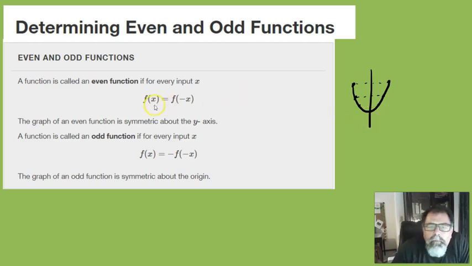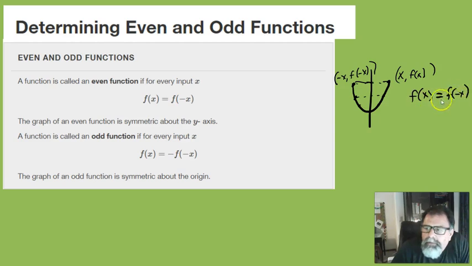So that's saying that the y value for x and negative x are going to be the same. So if this was x, f of x, and I change the x value to negative x, then f of negative x is going to be the same y value, right? These have the same y value. So f of x and f of negative x are the same.